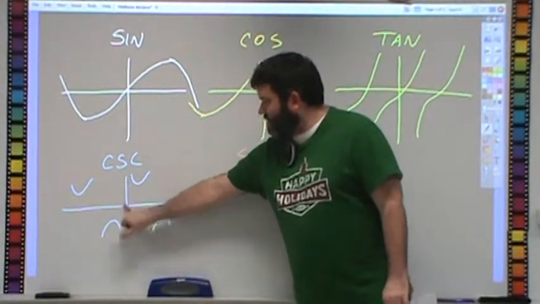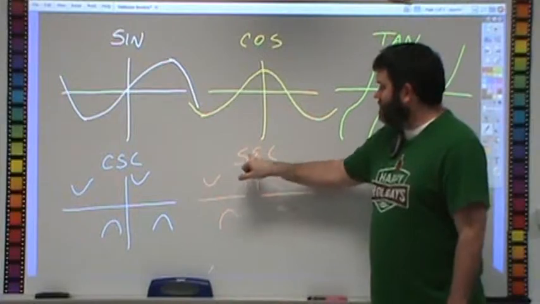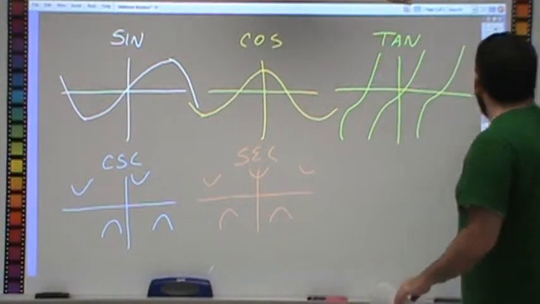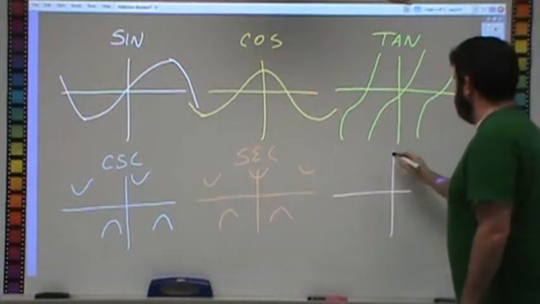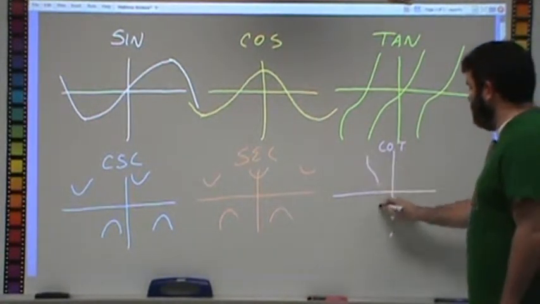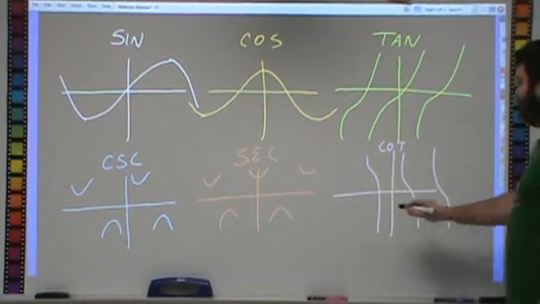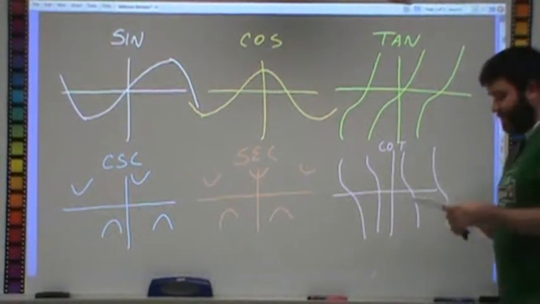Cosecant won't have one sitting on the y-axis. Secant will. There's a smile exactly centered. And then finally, cotangent will just do the opposite thing that tangent did. So cotangent is going to be going down. I know these aren't pretty, but you just got to get the idea. So that took care of 31 and 32.